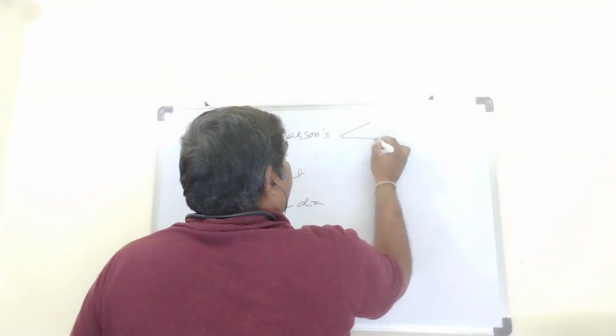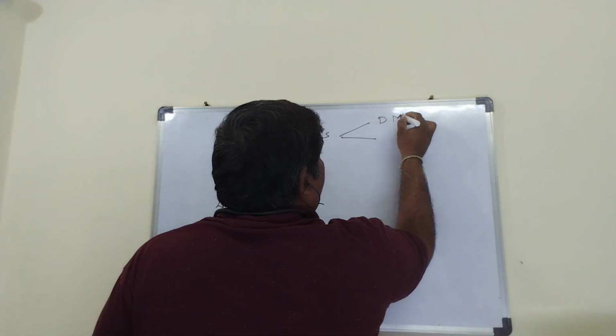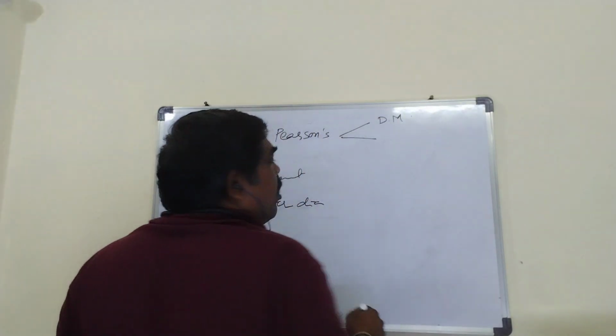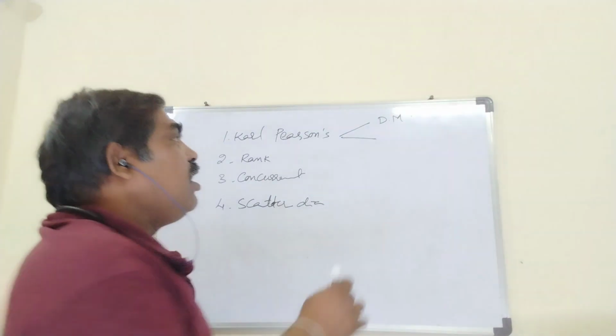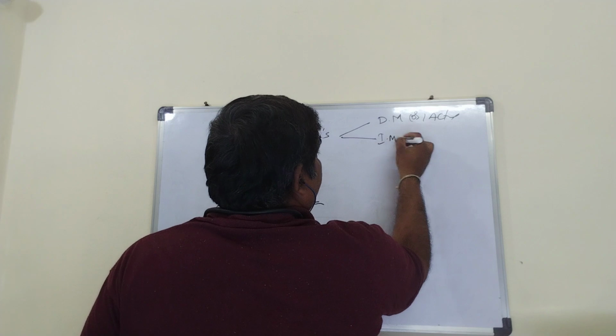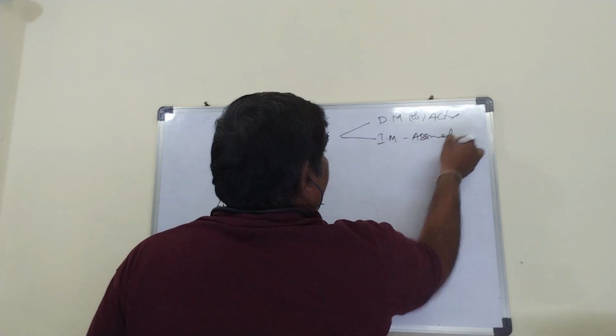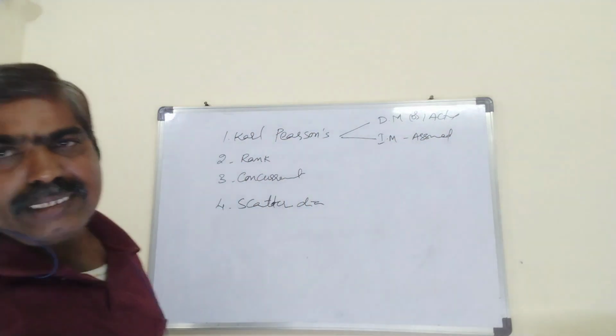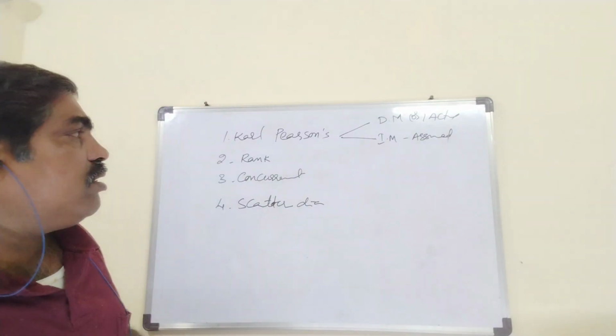Karl Pearson again can be classified into the direct method, also called the actual mean method, and the shortcut or indirect method, which is called the assumed mean method. That formula is very simple.